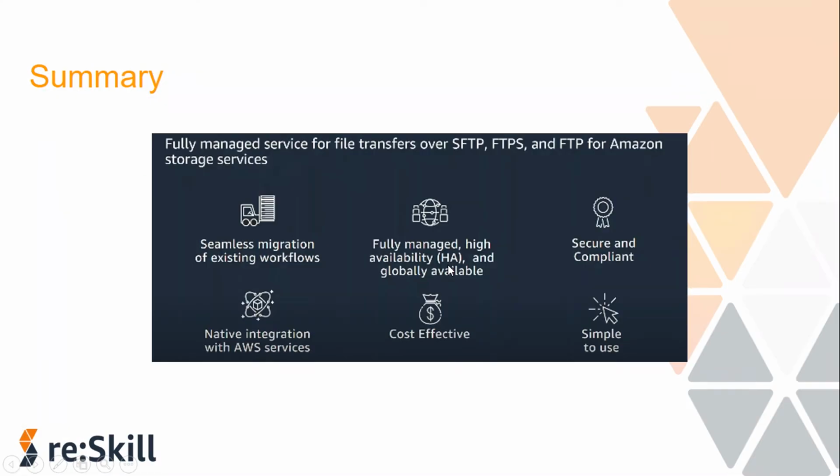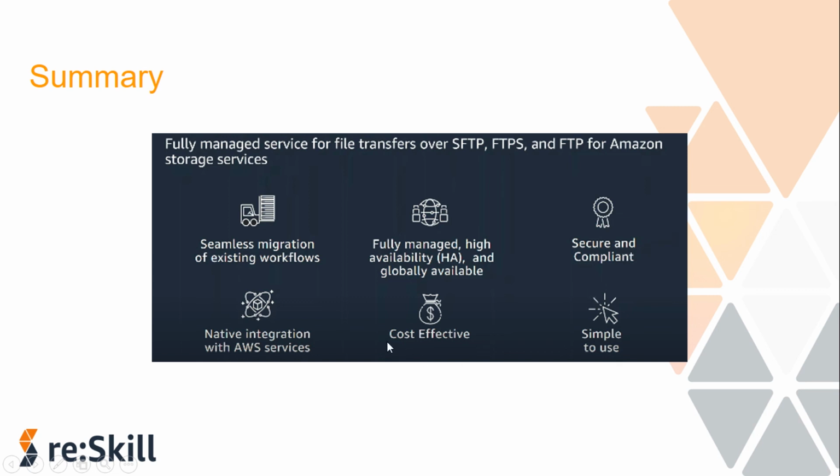So to summarize today's session, what we have learnt is that Transfer Family can be used for seamless migration of existing workflows, for the secure transfer of files from external sources to AWS, and then to use them for different purposes once the data is in AWS.